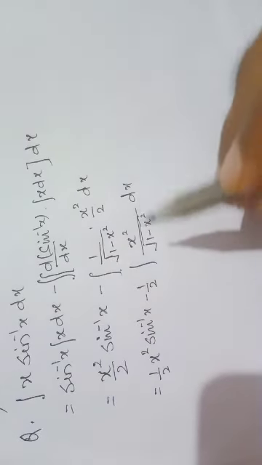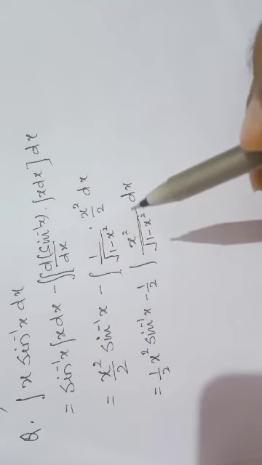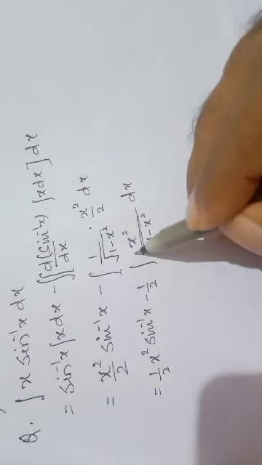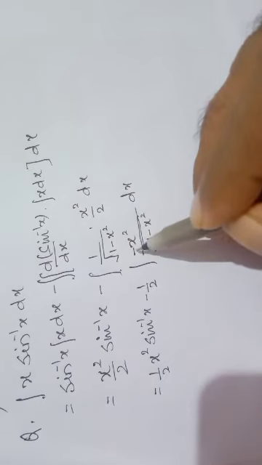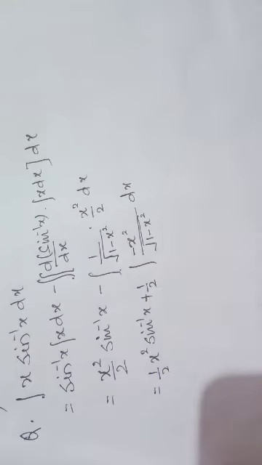See children, here is x square. First step, make it minus. Minus means one more minus should be added here, so this becomes plus.